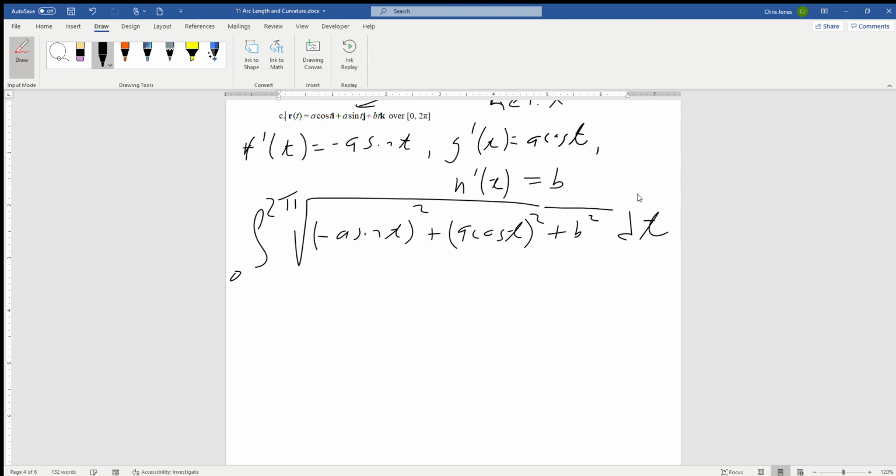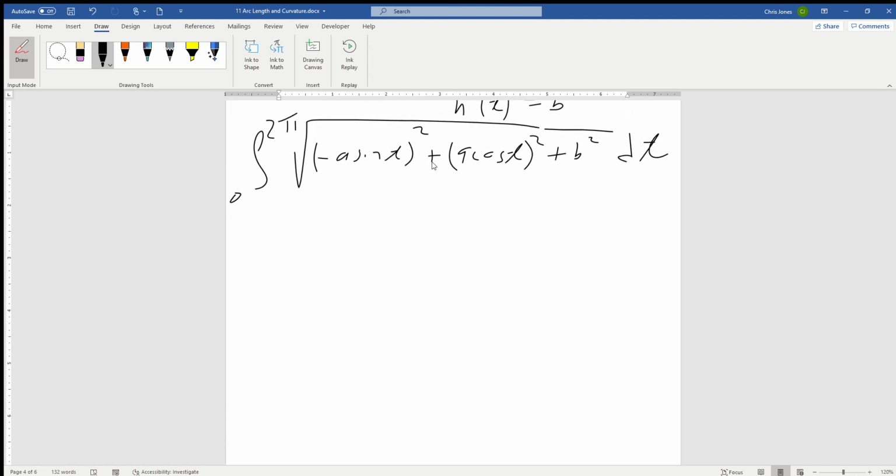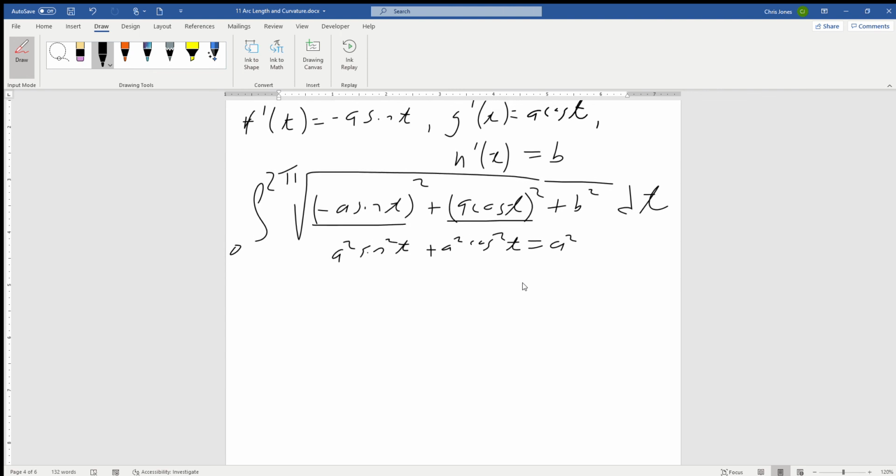All right, writing's on the wall. This is just going to simplify really nicely because we get an a squared sine squared, a squared cos squared, and that just turns into a squared. All right, so now it becomes really nice. So this is going to be the integral from 0 to 2 pi, just by doing the trigonometry, of the square root of a squared plus b squared dt.